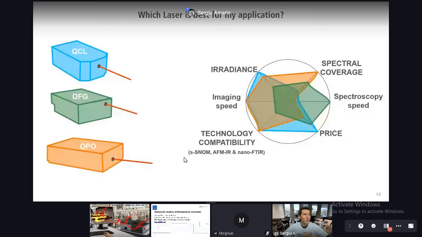To keep it short, yes, the new laser has both components inside: the OPO as a main source, and then a DFG to generate the final difference mixing in the IR.